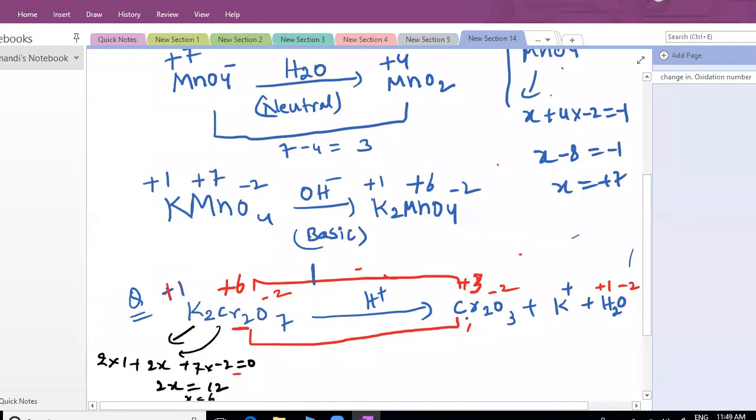Here 2 chromium, here also 2 chromium. That's why you have to take 2. Chromium is there, so I am taking 2x equal to 12. If you want to calculate 1x, equal to 6. Here also you can calculate: 2x plus 3 into minus 2 equal to 0. So 2x equal to 6, then x equal to 3.